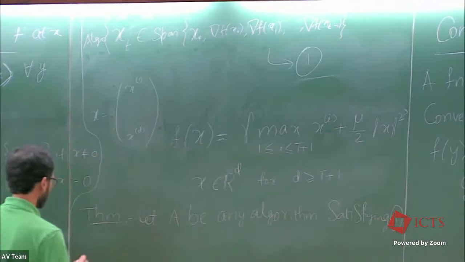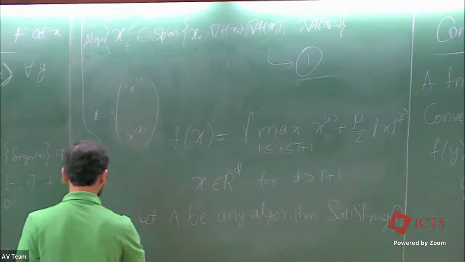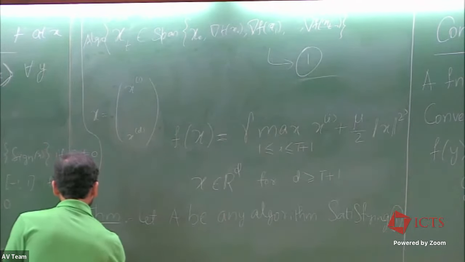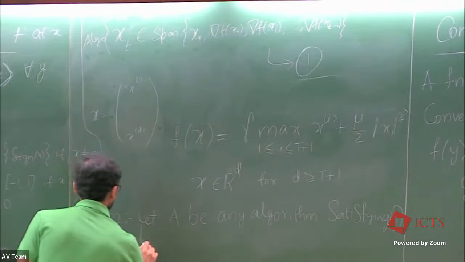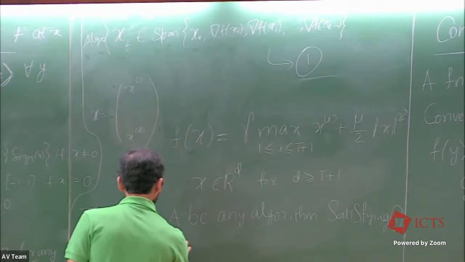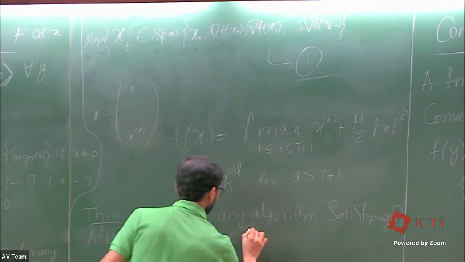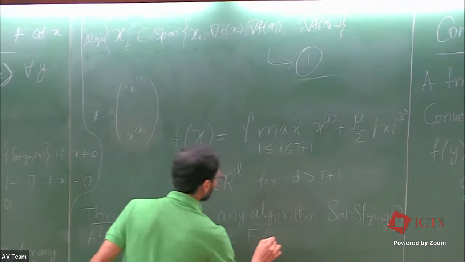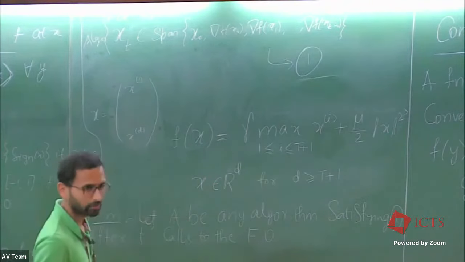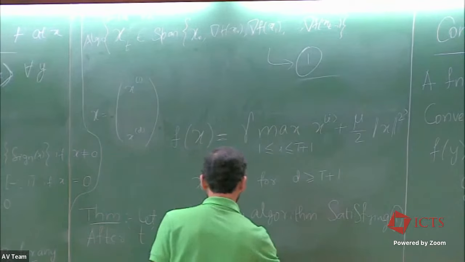A generates iterates after T calls to the first order oracle. So what is this gamma? Yeah, I'll tell you what gamma and mu are. They are parameters. You'll choose them. I'll choose the parameters. Yeah. Notice this is just the sum of x, i.